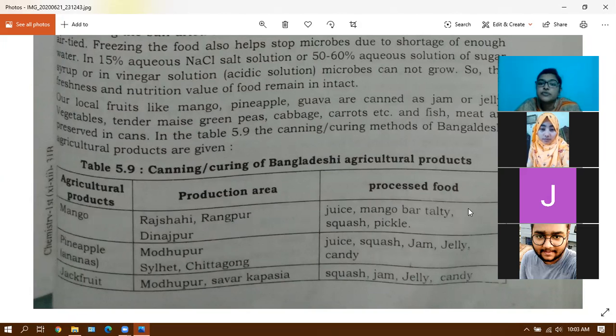Mango, processed food is juice, mango bar, squash, pickles, jackfruit, also squash, jam, jelly.